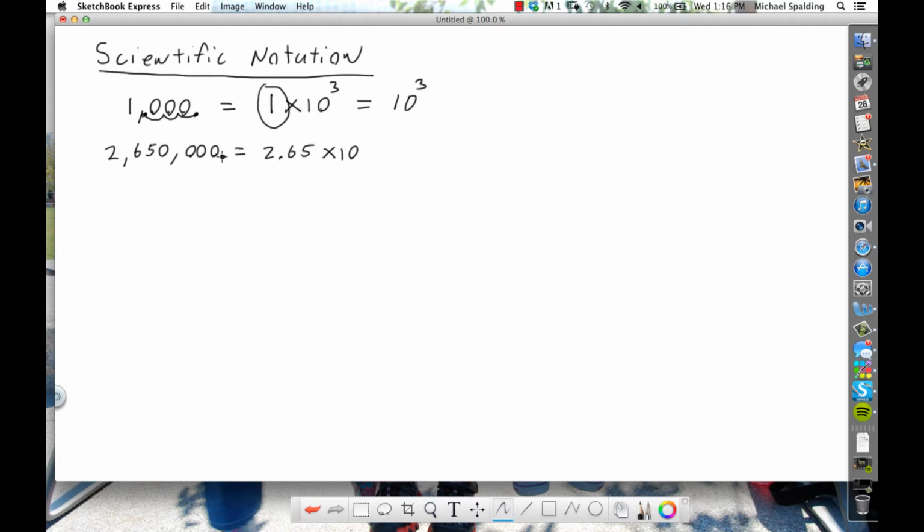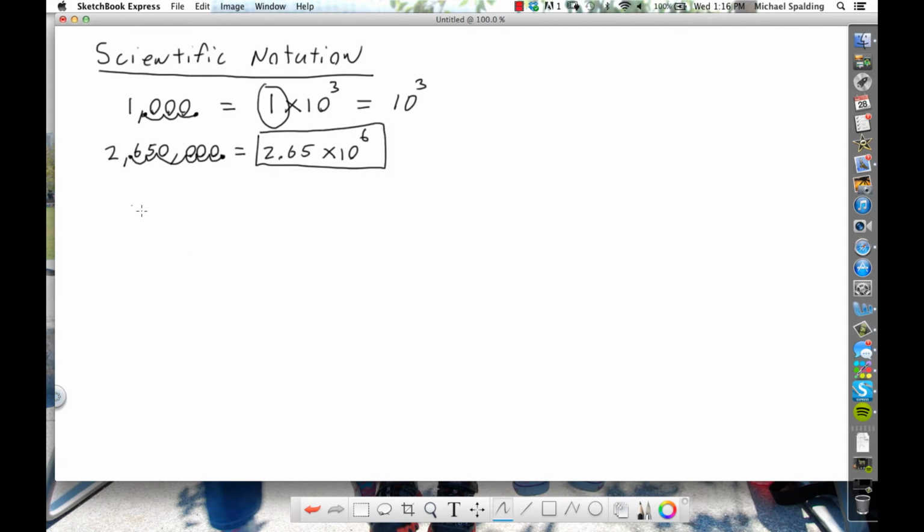The decimal starts here. 1, 2, 3, 4, 5, 6. Notice how many numbers are to the left of the decimal right here. 1. So when you're writing in scientific notation, you want 1 number to the left of the decimal. So 2.65 times 10 to the 6.